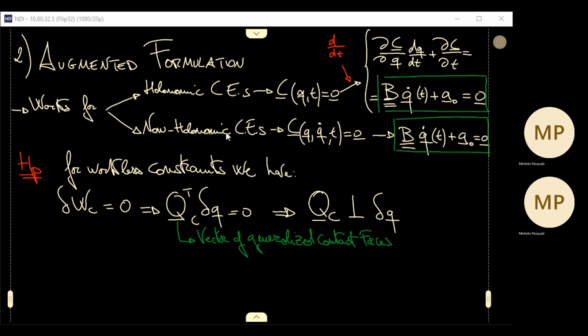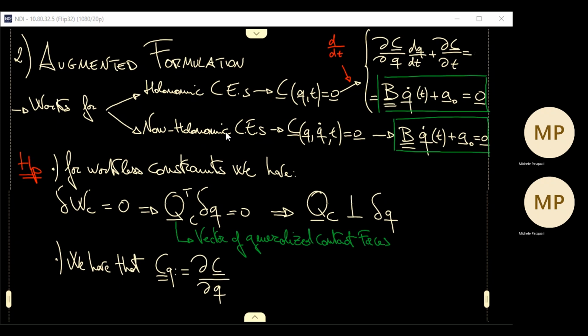We also have another thing to say: if you remember the Jacobian of the system, which is CQ, which by definition could be written as the partial derivative of C with respect to Q, is by definition.